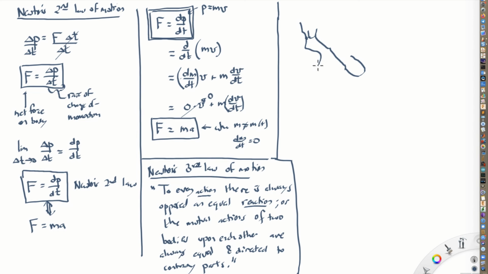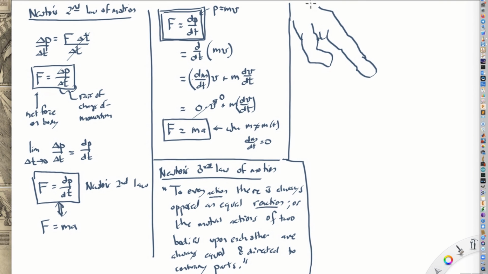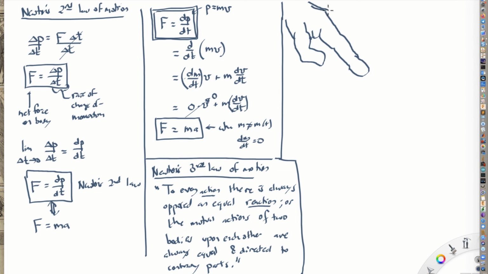It's not a great drawing, but all right, here is, I guess, your finger. I'll draw a couple of knuckles. So there's your hand, and here's a stone.